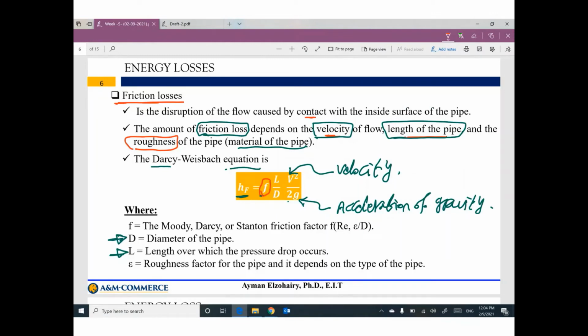F is called the Moody-Darcy friction factor, based on the material used for the pipe.